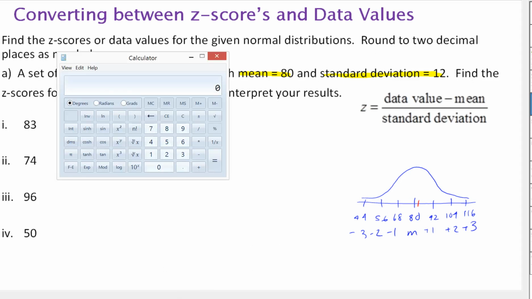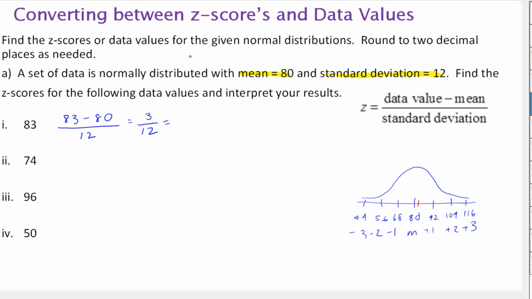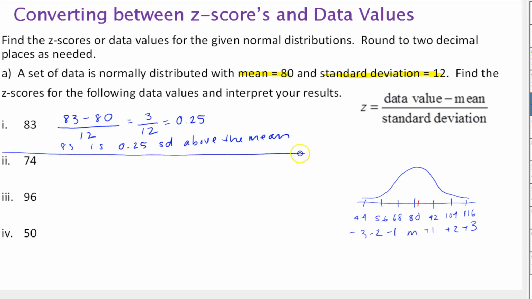It's 0.25, but they asked for a decimal, so we'll just do it on the calculator: 0.25. So the interpretation is 83 is 0.25 standard deviations above the mean. And it's above the mean because the z-score is positive. If you get a negative z-score, then that would mean it's below the mean.